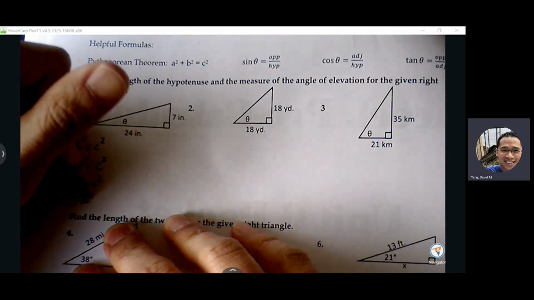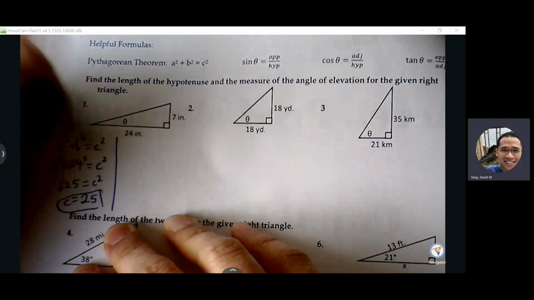Take the square root. The hypotenuse is 25.